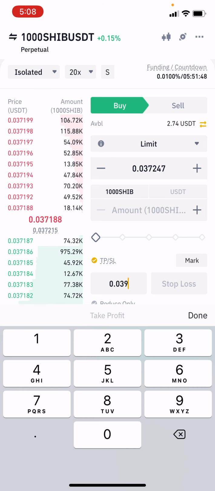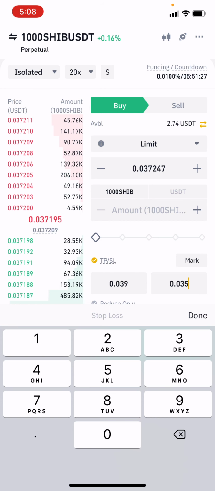Then it should stop my loss and end the trade when the market dips to 0.035. Like, if I want to sleep right now and the market is at 0.037.